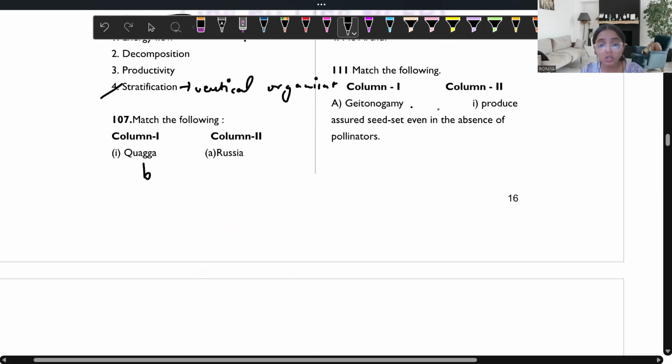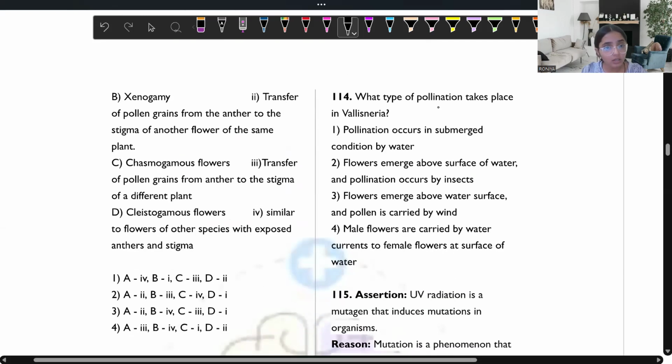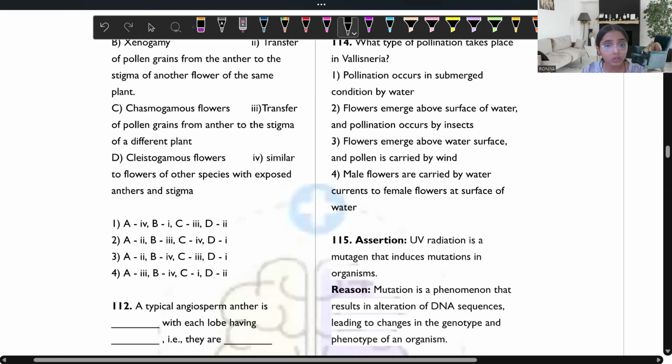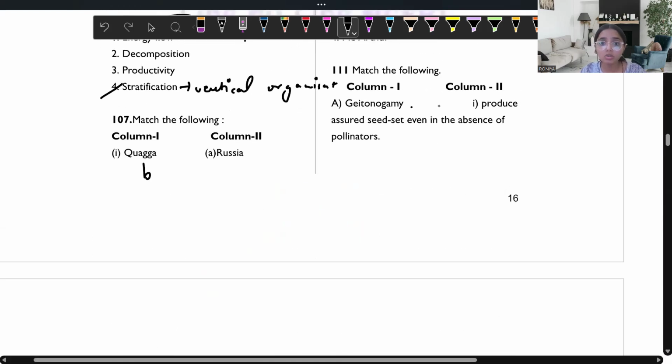What do they produce? Assured seed set in absence of pollinators. Yes. Chasmogamous flowers, similar to flowers of other species with exposed anthers and stigma. Yes. Xenogamy, transfer of pollen grains from anther to stigma of another flower. Okay. Geitonogamy, produce assured seed set.